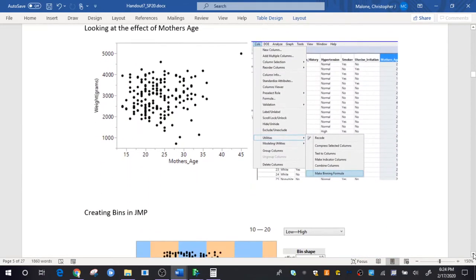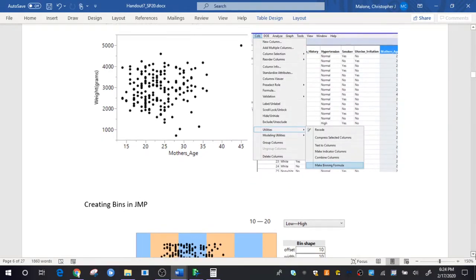So what are we doing here on page 6? What we're doing on page 6 is looking at mother's age. I can't initially use mother's age when looking at the relationship here because handout 7 is to compare two categorical variables against one another.